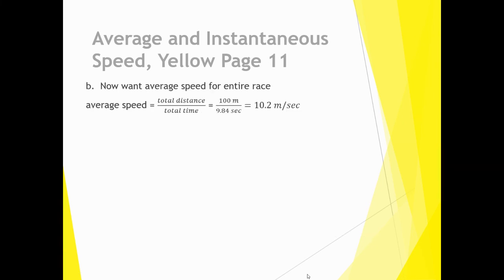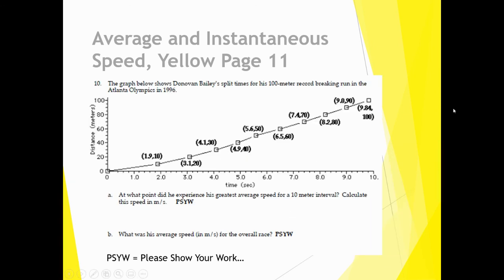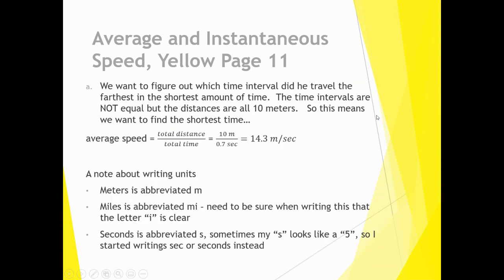The other part for this question is we wanted to find what his average speed in meters per second for the overall race was. In order to do that, we're going to look at his total time and his total distance. If we go back and look at the chart here, he went 100 meters, and he did that in 9.84 seconds, which is extremely fast.